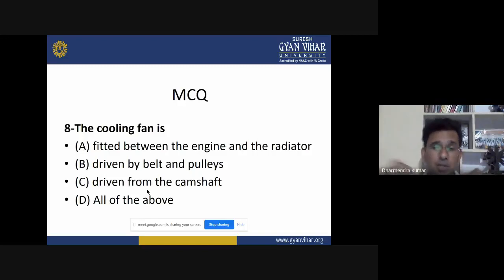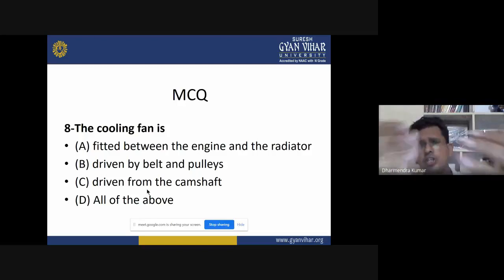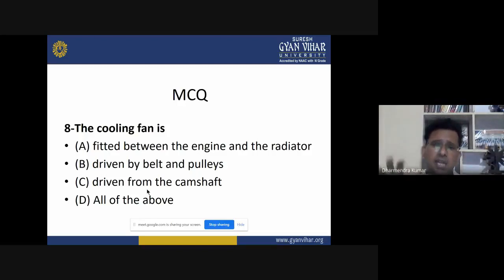We have already talked about the cooling fan being placed just behind the radiator, because when the cooling fan is moving, it ensures the maximum amount of heat dissipates into the air. It is also driven by the belt and pulleys, because if we are not using belt and pulleys, then there is no other component which runs that cooling fan.